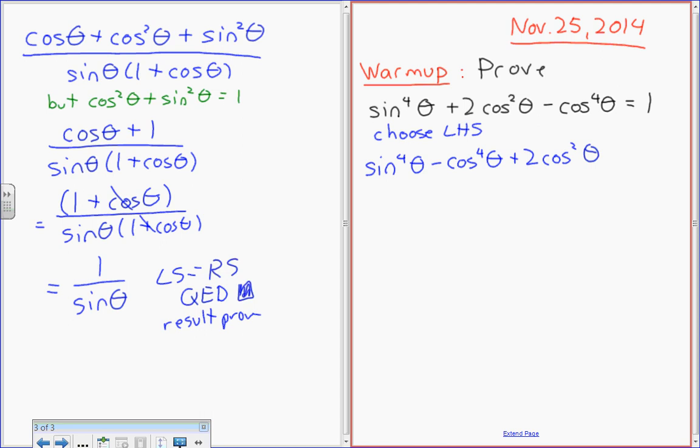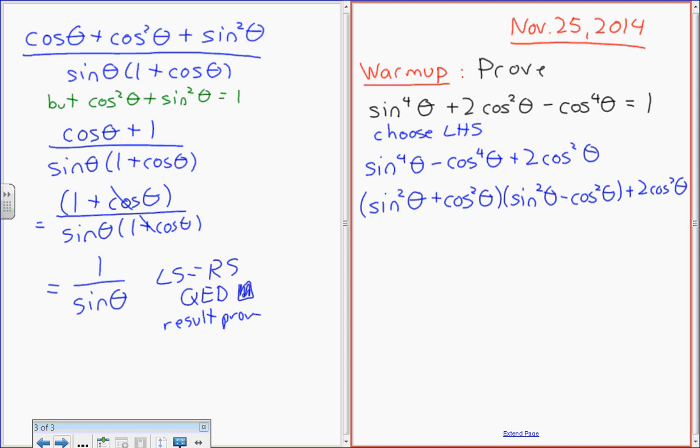Now, Riley, why might that be helpful to us, do you think? That's what's difficult with this question, because if you don't see that as your first step, it's very difficult to do. If you're taking a look, we turn this entire question into sine squares and cos squares.